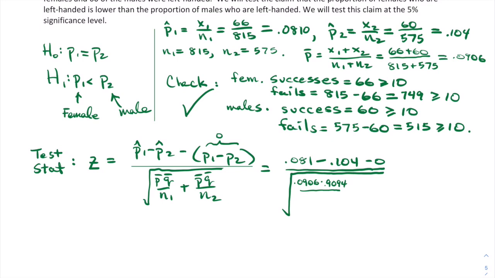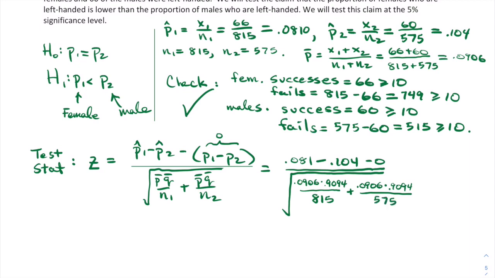Over N1, which is 815. Okay, and then the next one has the same numerator, 0.0906 times 0.9094 over that sample size, which was 575.